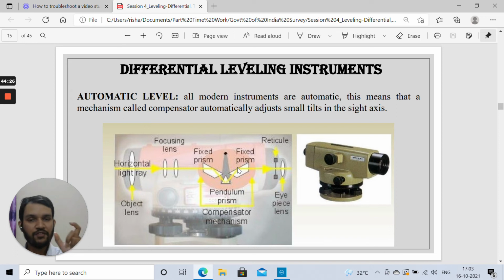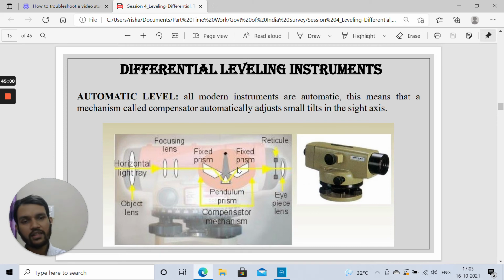The fixed prisms and the pendulum prism have been placed in such a way that after striking the final fixed prism, the ray of light that goes is always horizontal. So even if your line of sight is not perfectly horizontal, it adjusts for it. For small tilts occurring in the instrument, this auto level can adjust and give you the correct readings. This complete setup of two fixed prisms and a pendulum prism provided inside is known as the compensator mechanism.